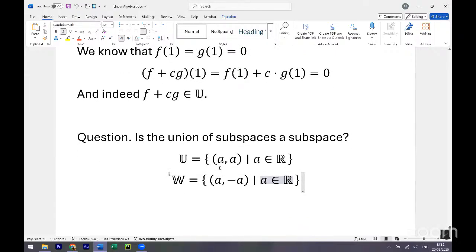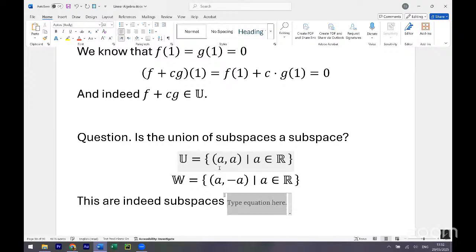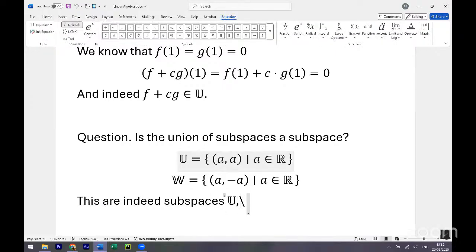U and W are subspaces. I'm telling you that without proof. And these are indeed subspaces. Both U and W are subspaces of R2.